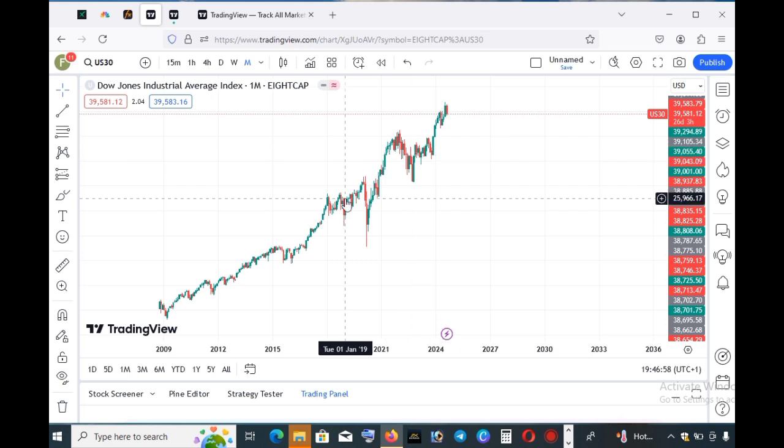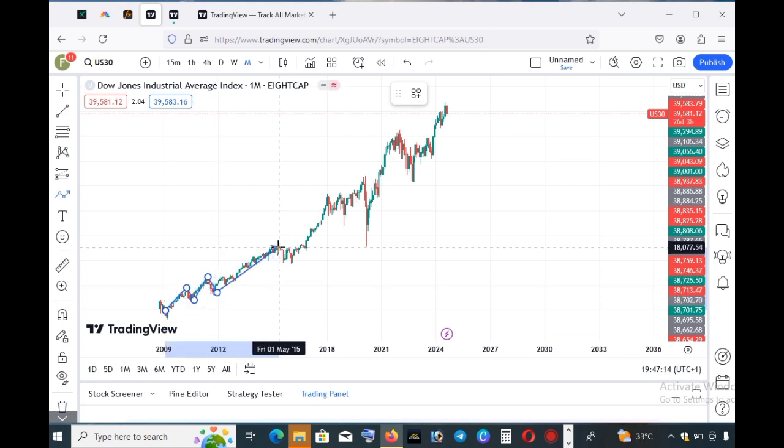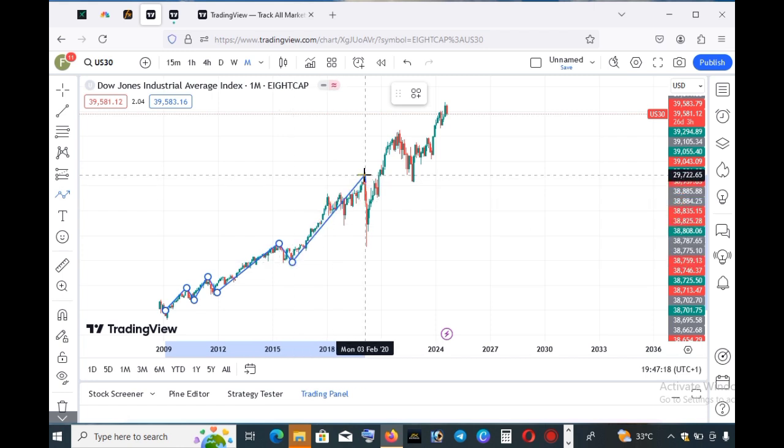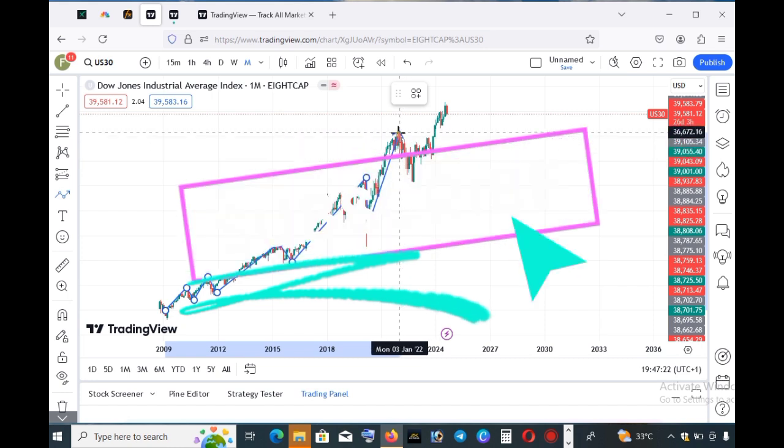So here we are in an uptrend, and what makes an uptrend is that you can see a series of higher highs and higher lows: highs, lows, highs, lows, like that.